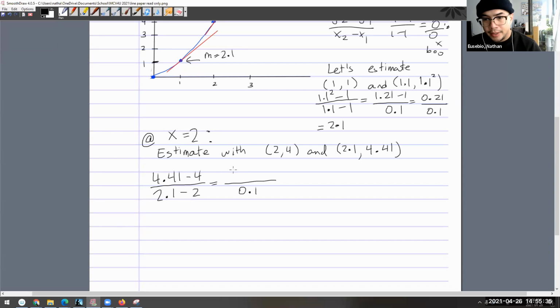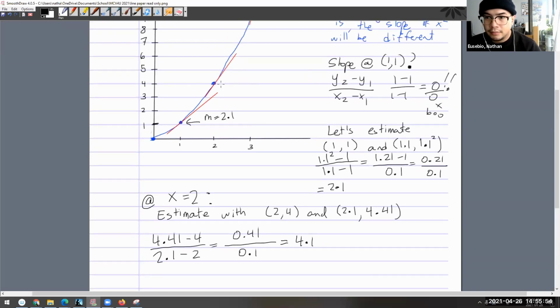And 4.41 minus 4 is 0.41. So now we have 0.41 divided by 0.1. Should be 4.1. So over here, the slope is 4.1.